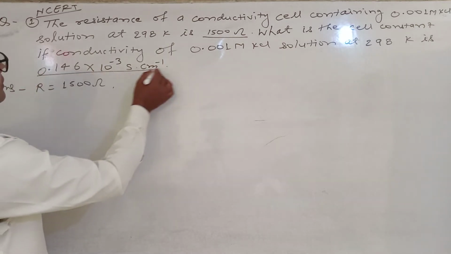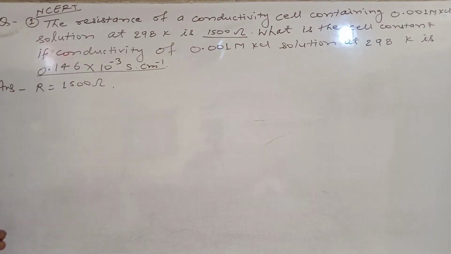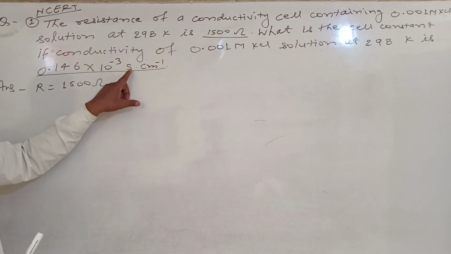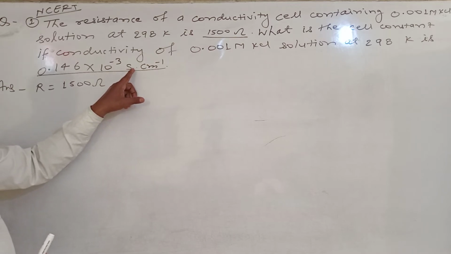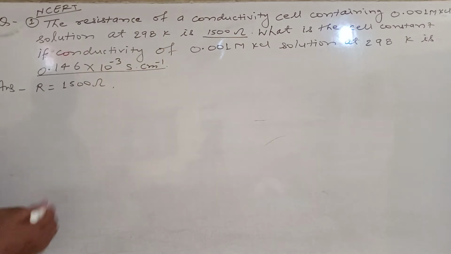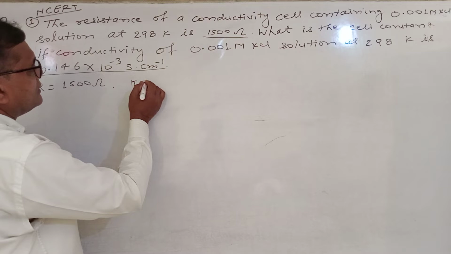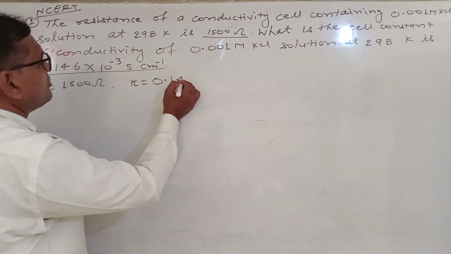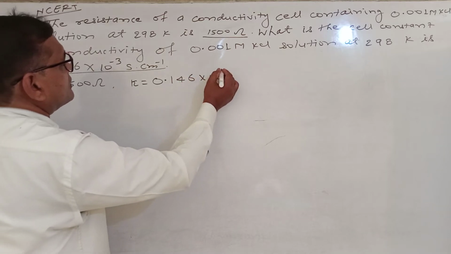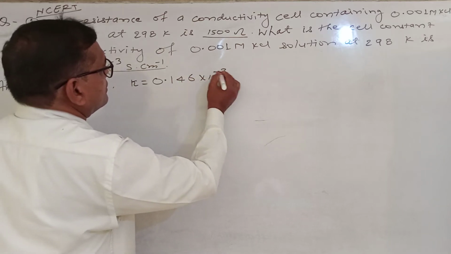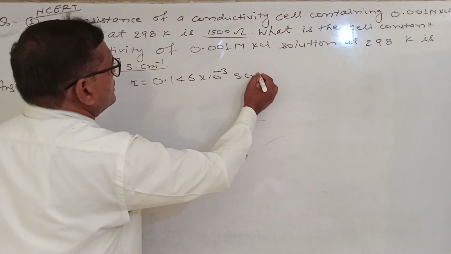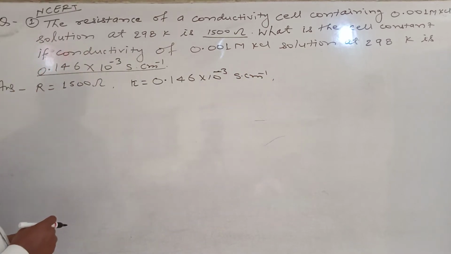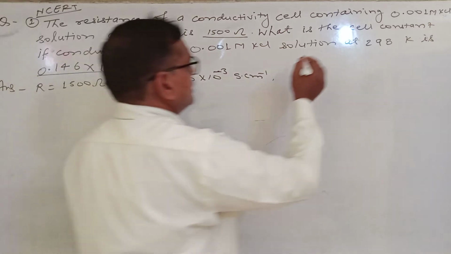This is the value of specific conductivity with its unit. Here we write kappa, called specific conductivity, 0.146 into 10 to the power minus 3 Siemens cm inverse. The question asks, what is the cell constant?